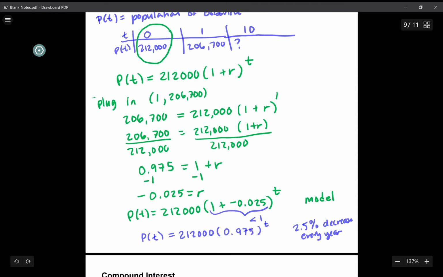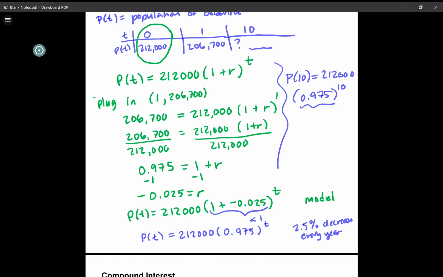All right, let's zoom out a little bit and see if we can go back and answer the question. We still haven't done this. What's the population going to be in year 10? I'm going to do this right up here. So we need to find P of 10. So that's 212,000 times 0.975 to the 10th. And remember, we got to do that part first because that's your exponent. So 0.975 raised to the 10th power is a big ugly decimal.